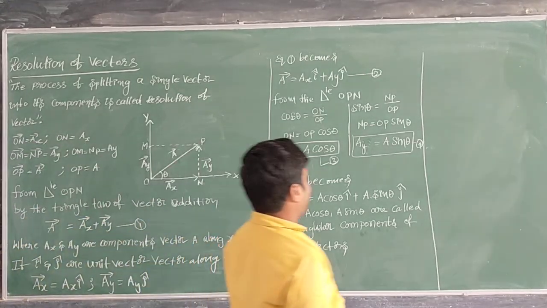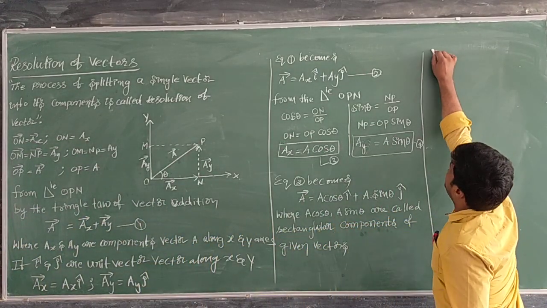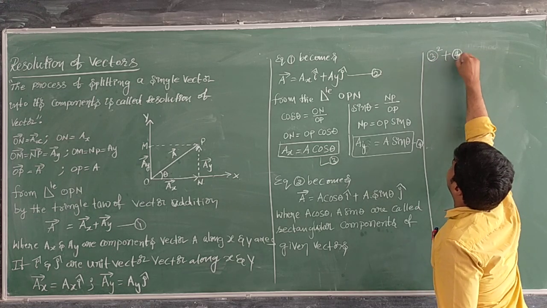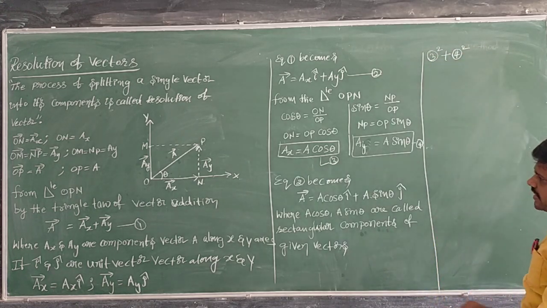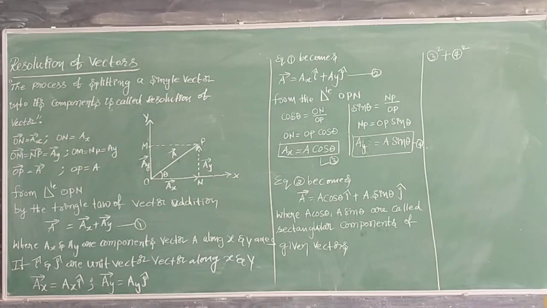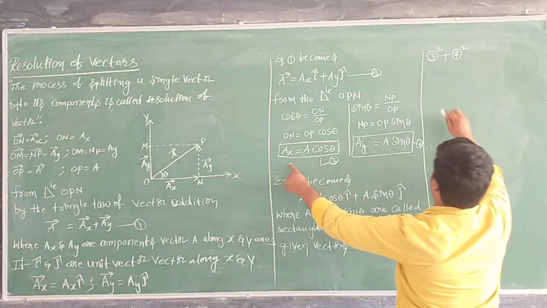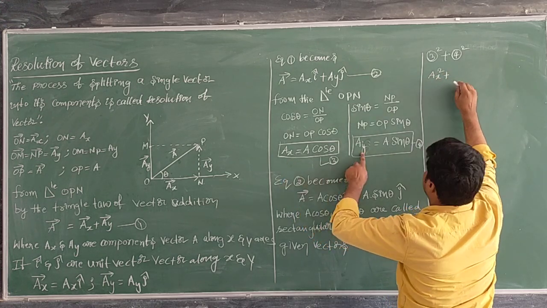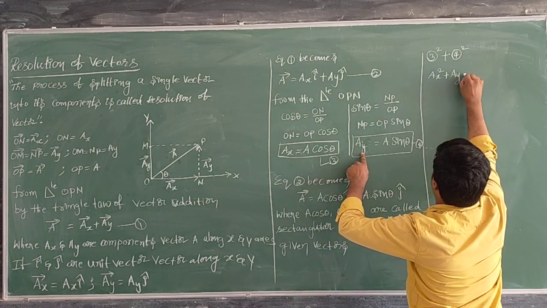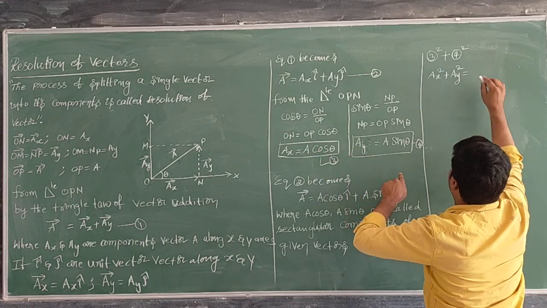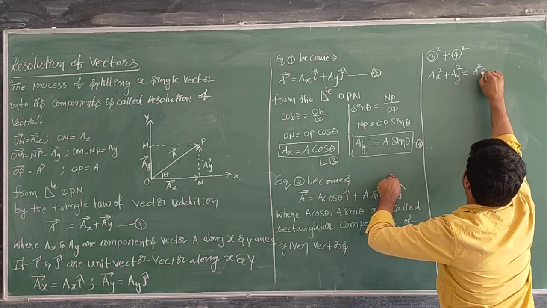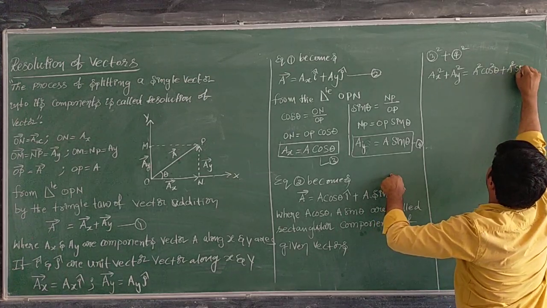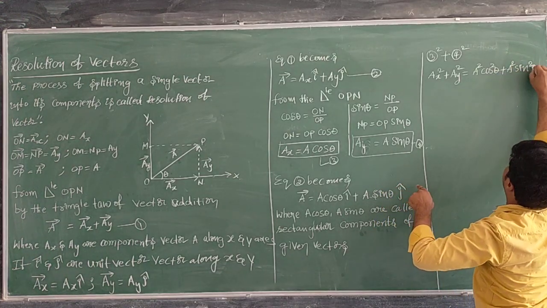Next, by squaring and adding equation number 3 and 4, both sides, what we can do? Ax square plus Ay square is equal to A square cos square theta plus A square sin square theta.